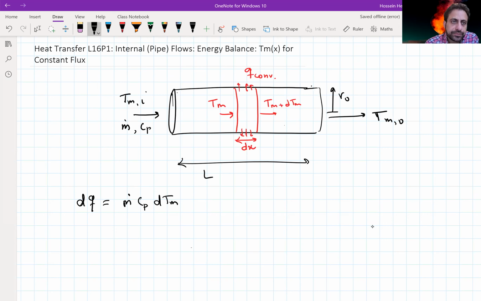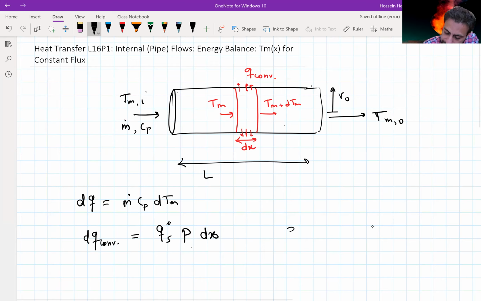For the flux around this small surface area, dq convection is going to be q double prime s, the surface flux, times perimeter times dx. And for a convective flux, q double prime s is h (Ts minus Tm).